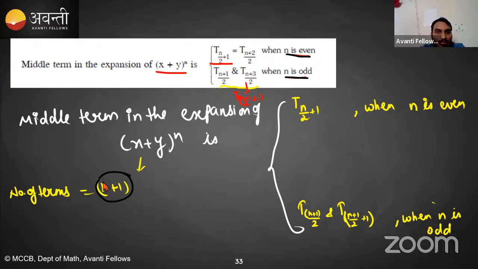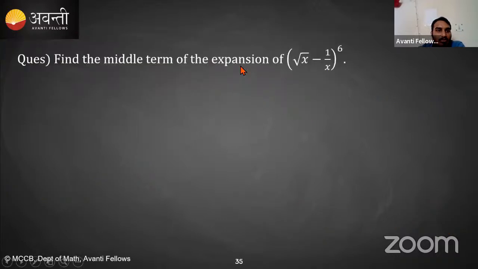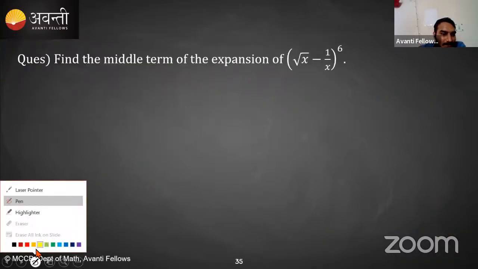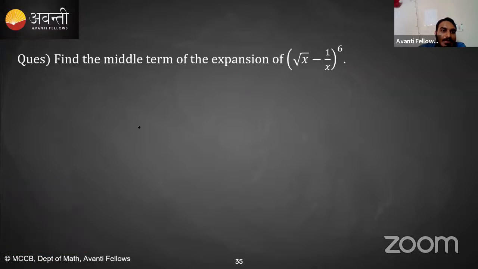If it is clear, students, let me solve this. We'll take some small questions to get the hang of it. The question is: find the middle term in the expansion of (square root x minus 1 by x) raised to the power 6.